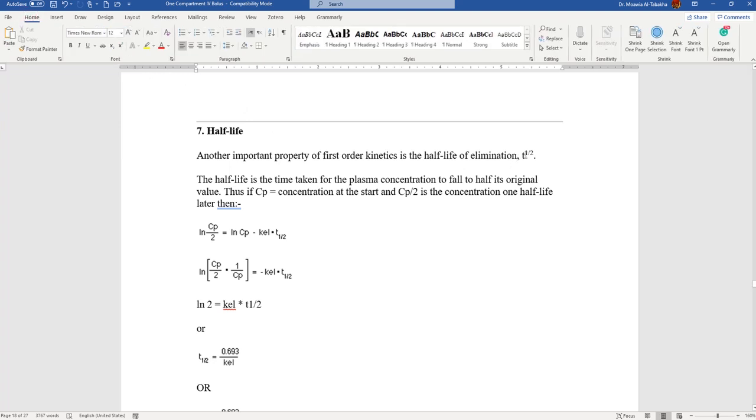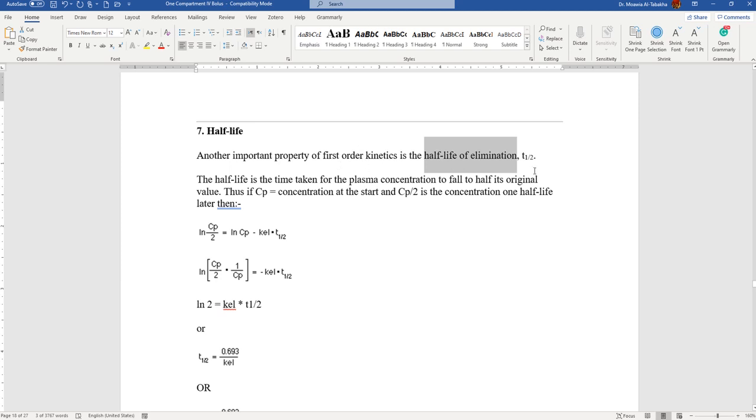The symbol we use is, let me just correct this one, T half. Okay, T half, elimination half-life. To define it, it is the time. We always start with time because this is a time, half-life time. It's the time for drug concentration to fall to half its initial or starting concentration.